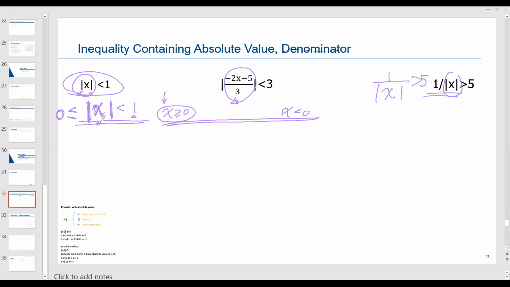When x is greater than 0, we can get rid of this absolute value, so it changes into less than 1 and greater or equal to 1, right? So with x greater than 0 in this situation we can get here. So when we do graphing, we can find out.